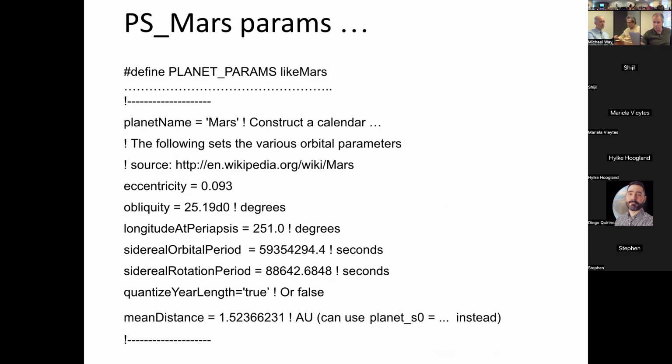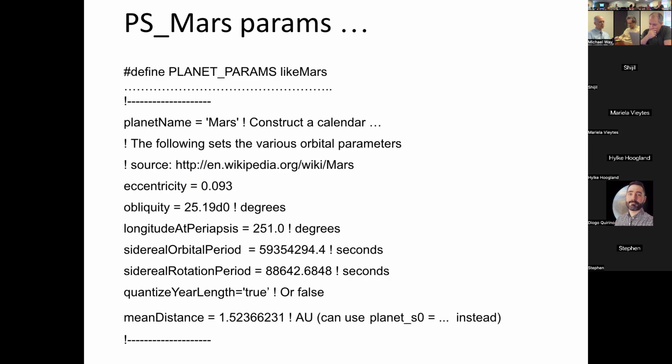Next slide. This repeats what you should have in a Mars run deck, and what Mike was talking about. It specifies that your planet is Mars at the top of your run deck, and then you specify eccentricity, obliquity, longitude of periapsis, sidereal orbital period, and rotation rate, and we set quantize here too.